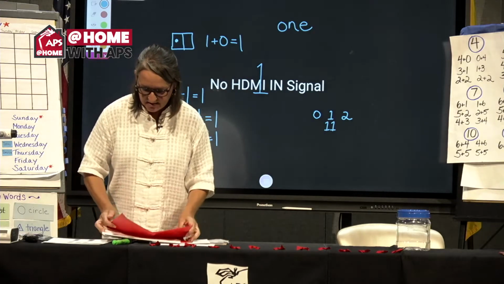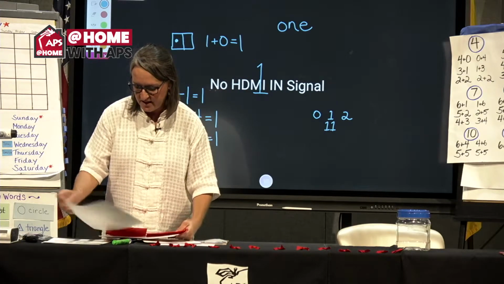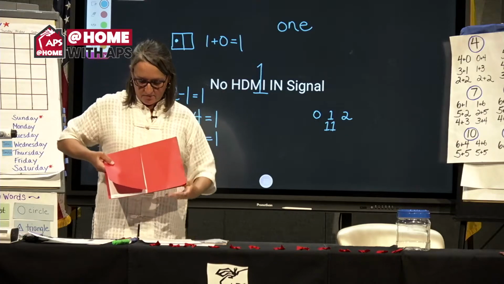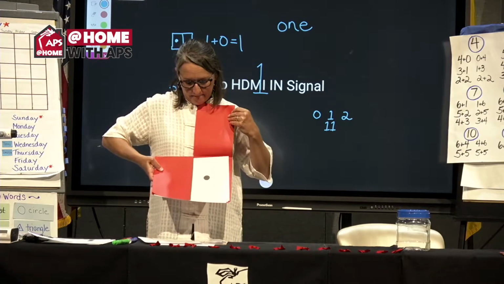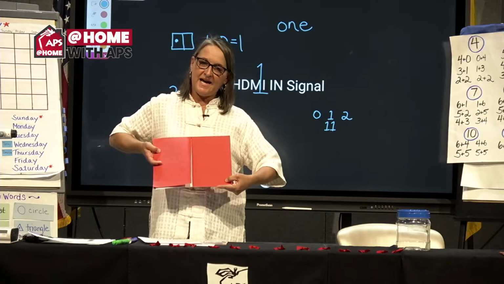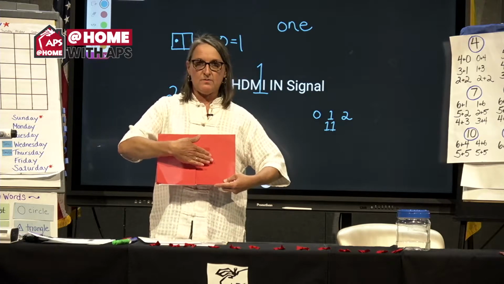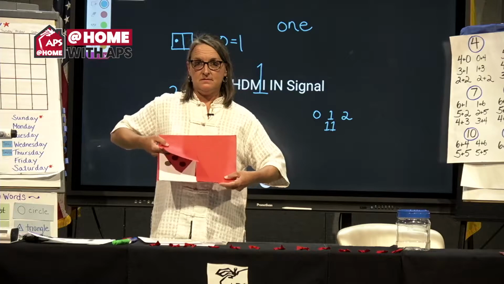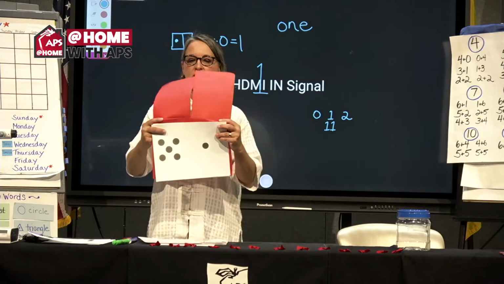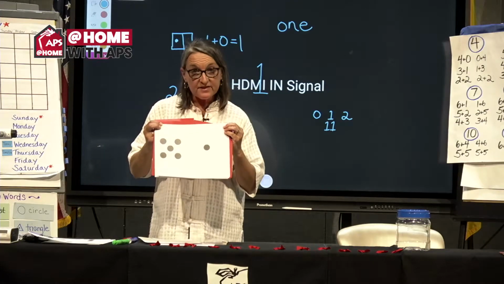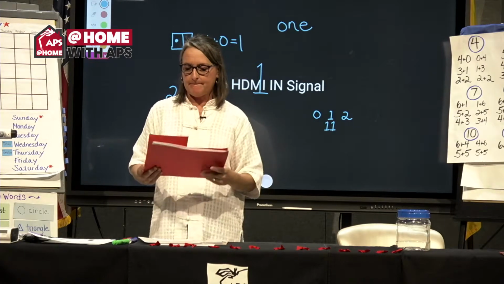Very good. Let's try just a couple more of these. All right, this time, 5 under here, 1 under here. How many is that? 5 and 1 more. Did you say 6? 1 more than 5 gives us 6. Very good.